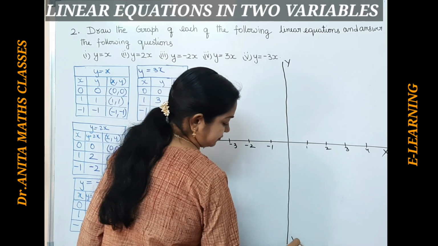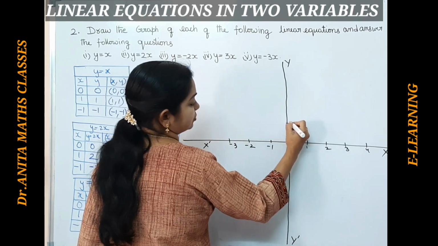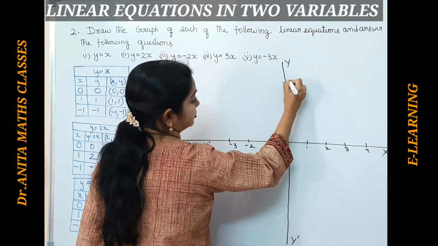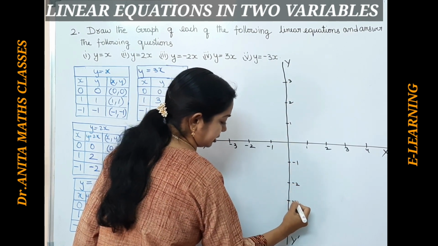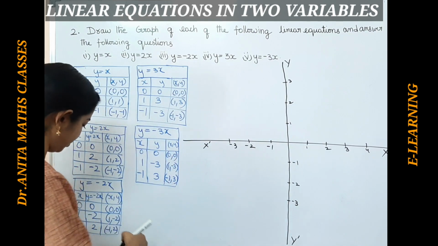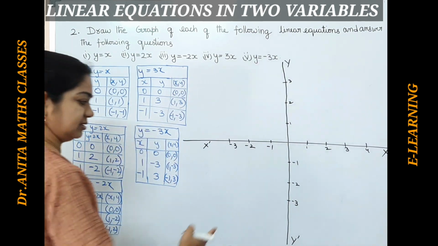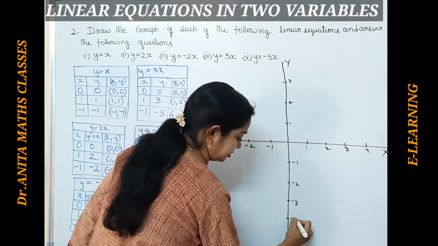This is the positive y and negative y. So 1, 2, 3, and similarly minus 1, minus 2, minus 3. We have values not more than 3 and minus 3, so I have taken till minus 3.